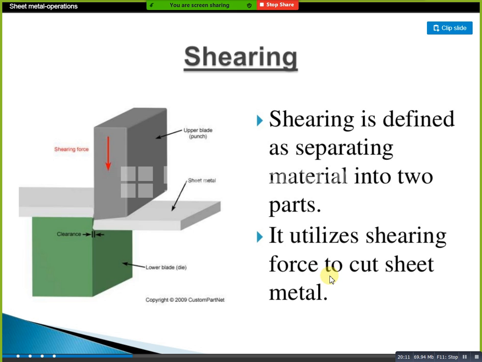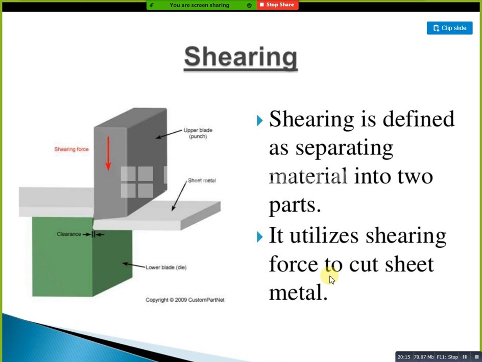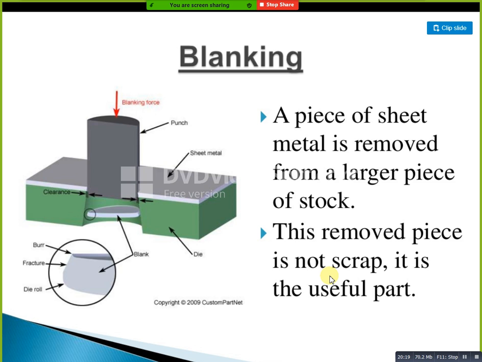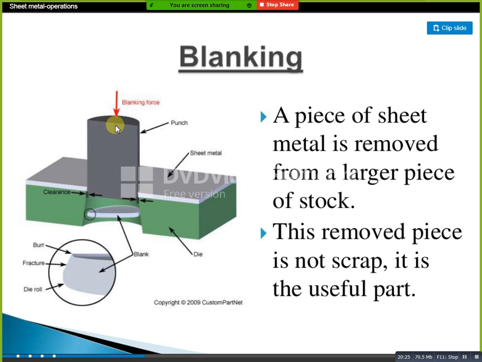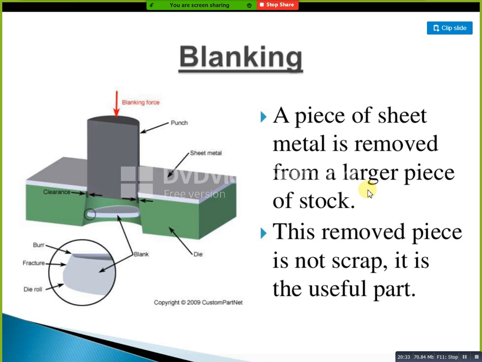Next you can consider blanking. Okay, blanking condition, just you can see this is our blanking force. In blanking also, a piece of sheet metal is removed from a larger piece. We have one piece of sheet metal, that piece of sheet metal removed from the larger piece of stock. For example, we have a 1 meter sheet.